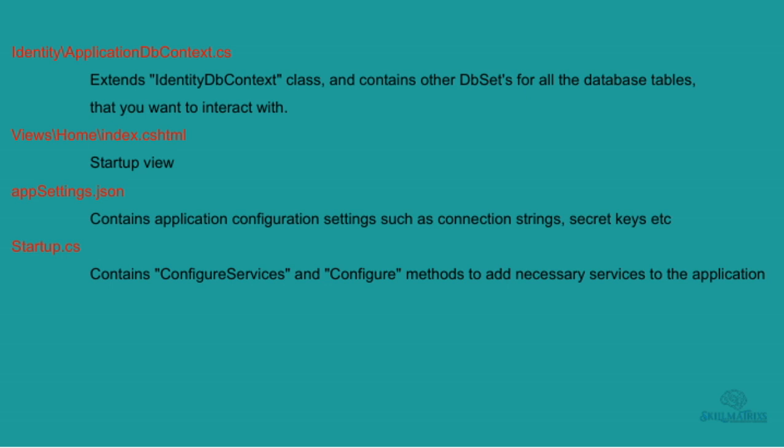On the controller side, we have Controllers/AccountController.cs, responsible for managing user authentication processes, like login and logout. It interacts with the user service to authenticate users and manage their sessions. Additionally, Controllers/ProjectsController.cs handles CRUD operations for the projects table.